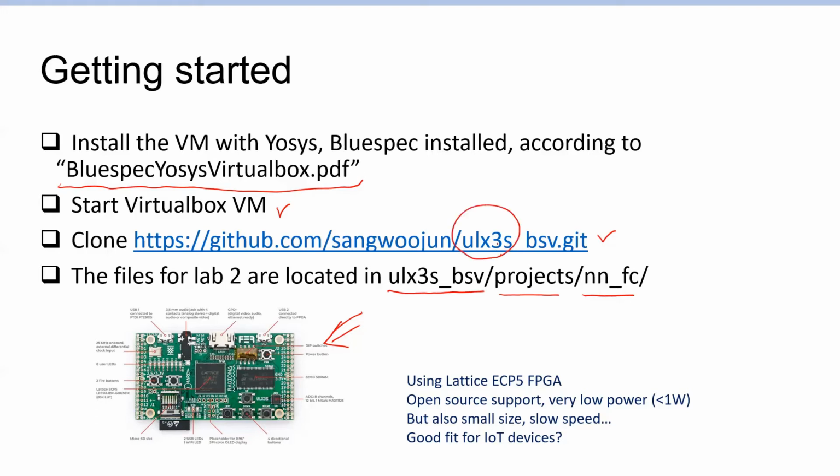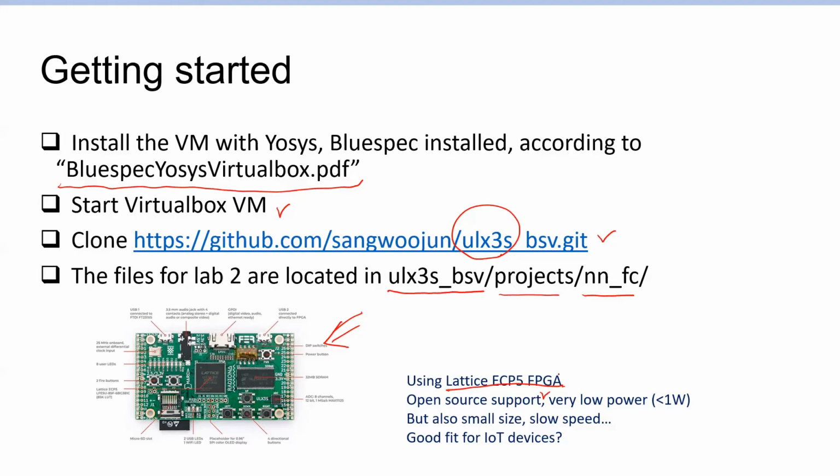This particular board uses a Lattice ECP5 FPGA, which is, I think at this point, the largest, most capable FPGA that has been almost completely reverse engineered, so that open source toolchains can generate bit files for it. So it has open source support.